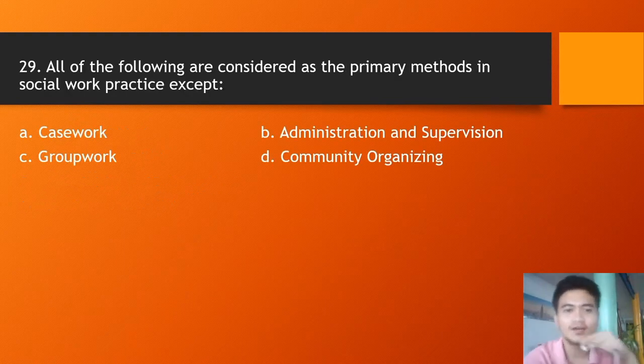29. All of the following are considered as the primary methods in social work practice, except for. Obviously, the correct answer here is letter B, administration and supervision. Pag sinasabi kasi nating primary methods, according to the old definition, yun yung social functioning pa na definition, the primary methods are the methodologies we employ as a social worker in dealing with our client face-to-face or direct, no?